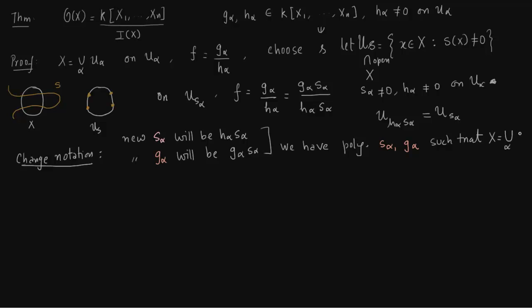So we are trying to cover X by these polynomials S alpha, which do not vanish on open sets. You construct open sets by taking complements of the places where polynomial S alpha vanishes.